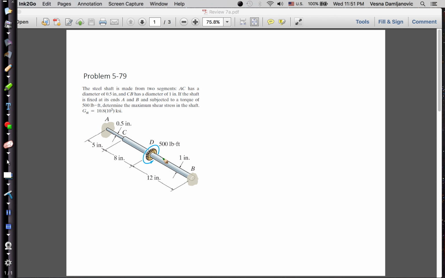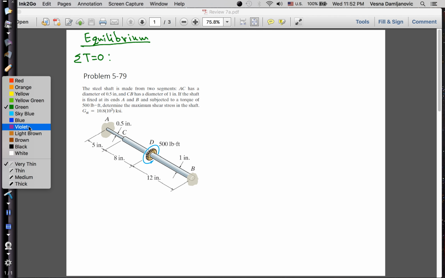Okay, so first is equilibrium. And it really comes from the sum of all torques is equal to 0, right, for this member. And we will know what they are when I actually draw a free body diagram.